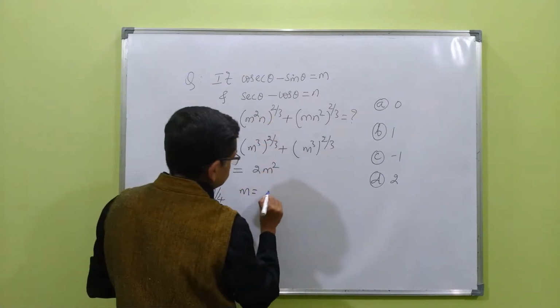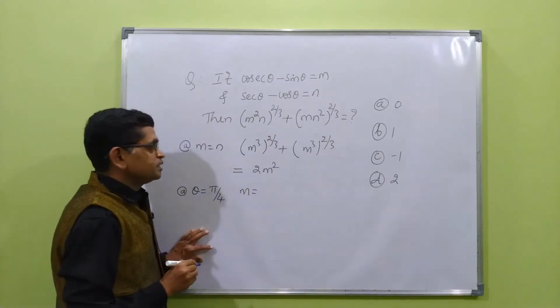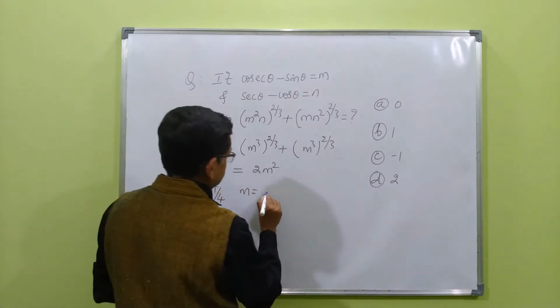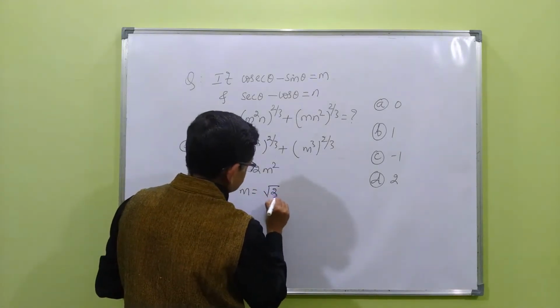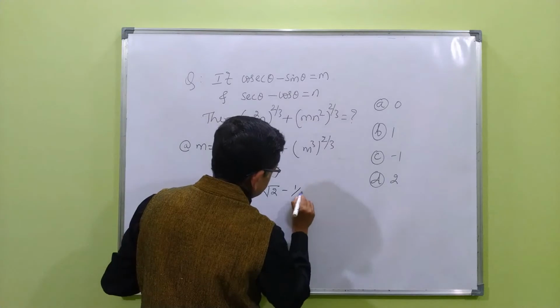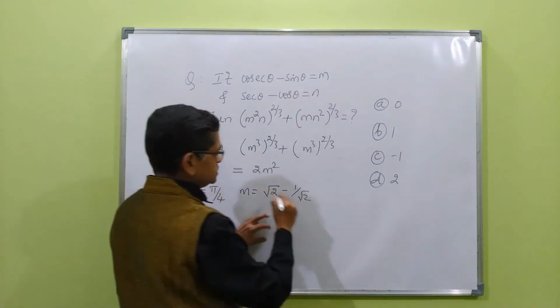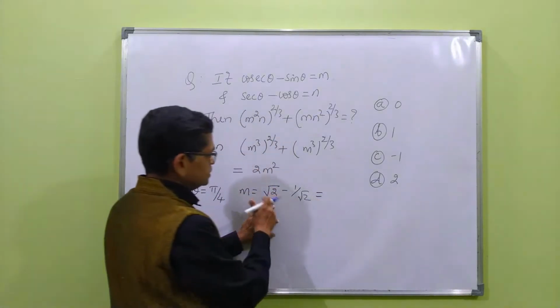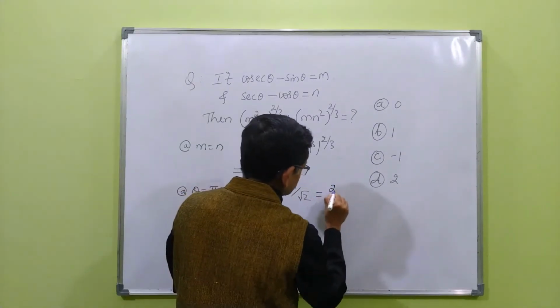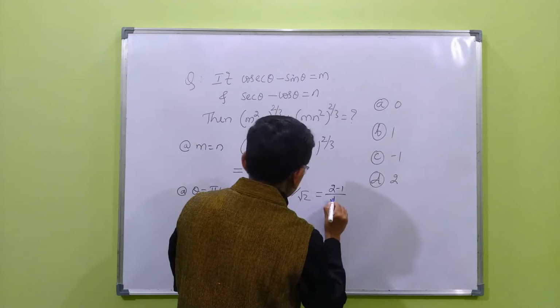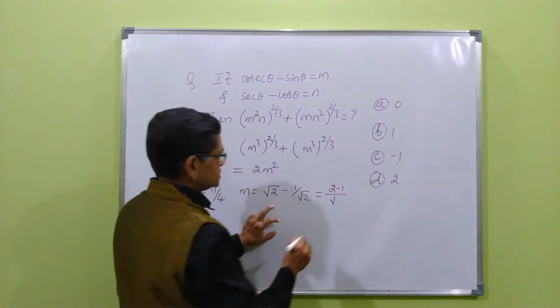cosecant θ minus sin θ. Cosecant 5π by 4 is minus root 2, and sin 5π by 4 is minus 1 by root 2. So this is equal to, if you take the LCM, minus (2 minus 1) by root 2. Isn't it? Yes.